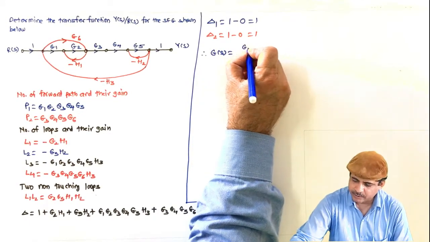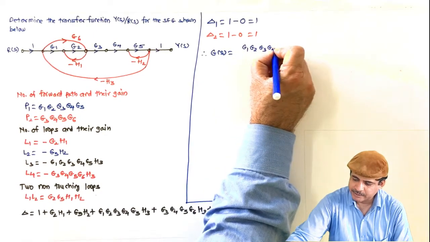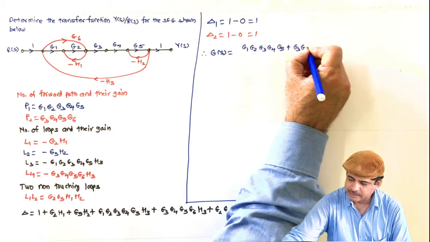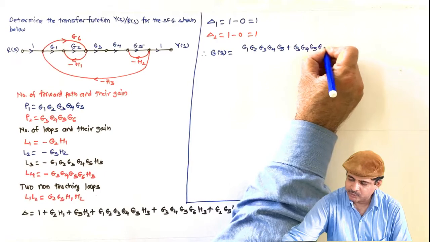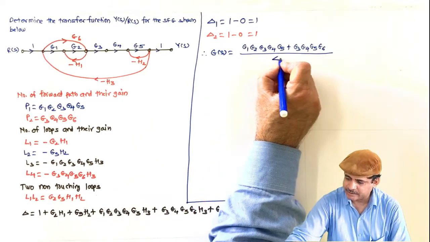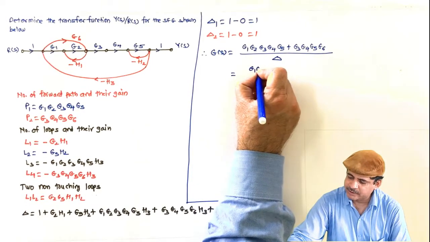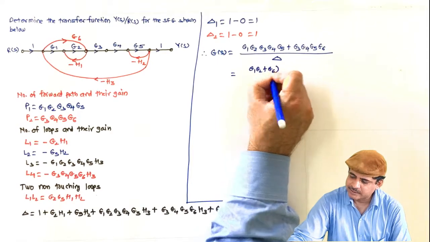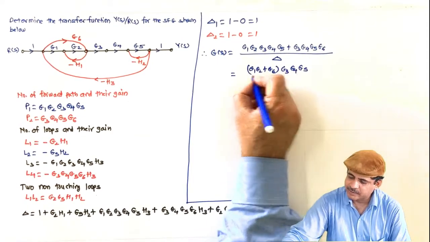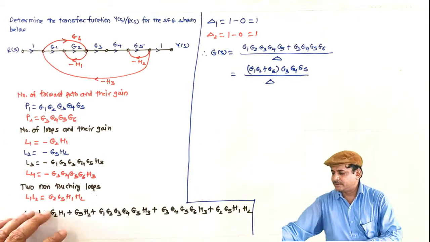So it will be G1, G2, G3, G4, G5 plus G3, G4, G5, G6 divided by this delta. I will not write it, I will put here delta, or it can also be simplified as G1, G2 plus G6 into G3, G4, G5 divided by delta.